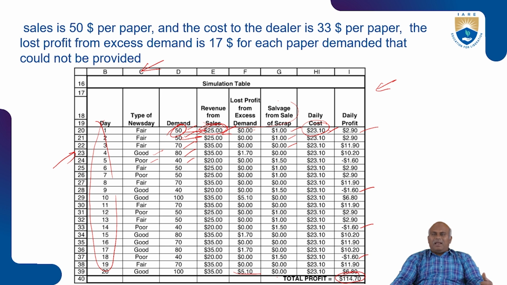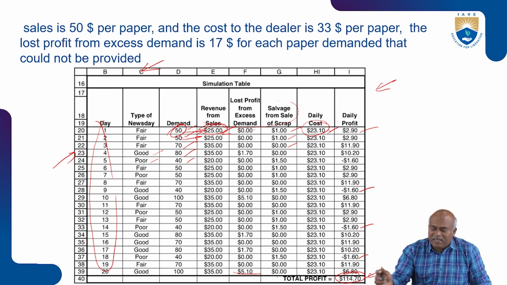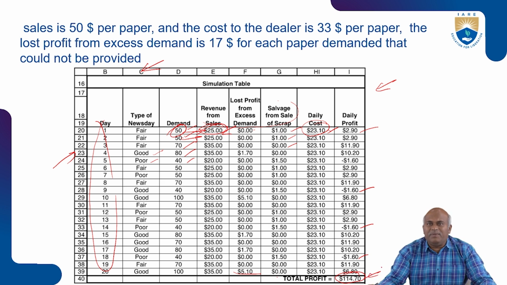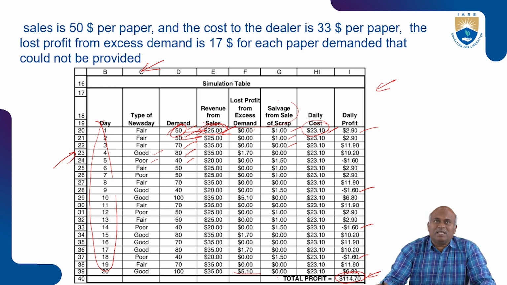Based on the losses and profits, finally you calculate the profit. Over those 20 days of selling newspapers, the benefit for that month is $114.7. This is the way we measure what the profit will be using the demand table.